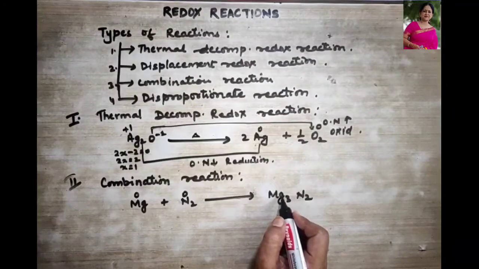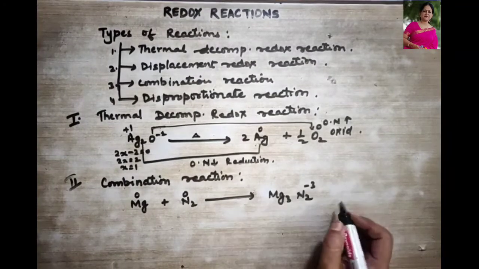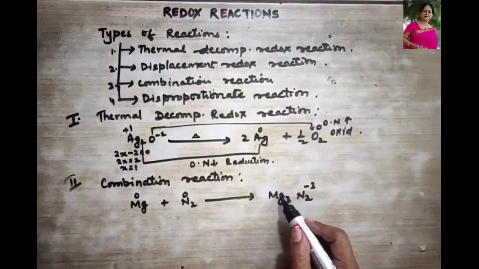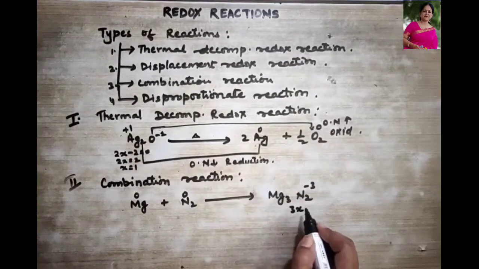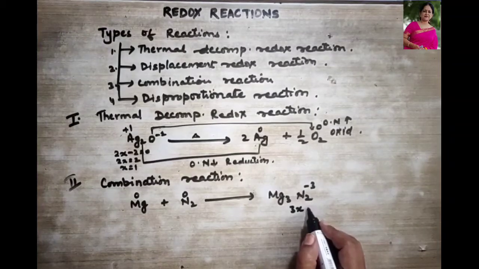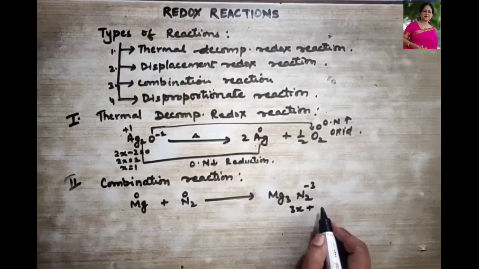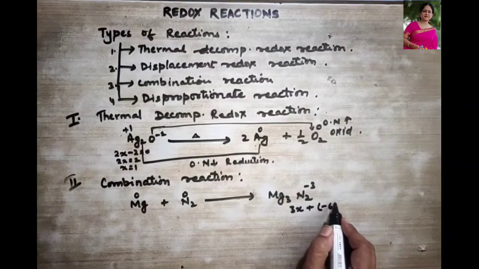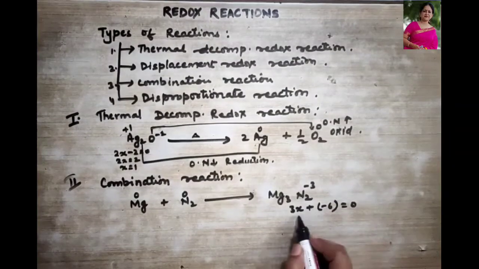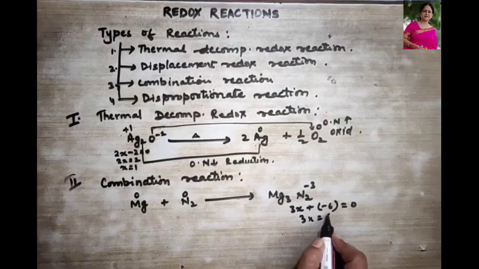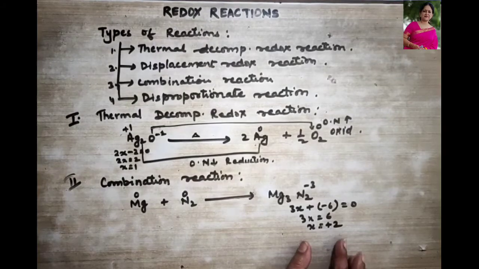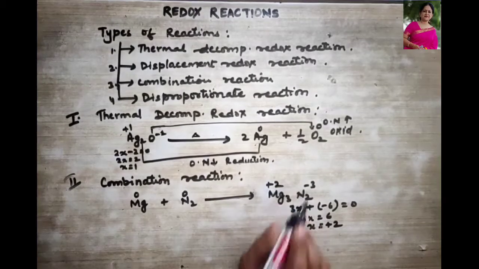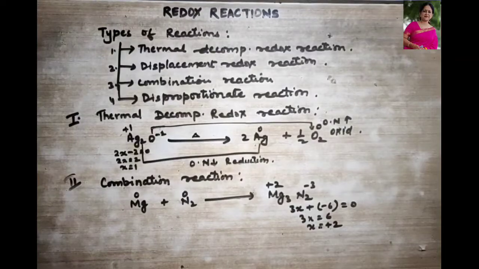Let us find out the oxidation number of magnesium. 3 atoms of magnesium plus 3 twos are 6, this is equal to 0. So 3x is equal to 6, so x is equal to plus 2. So the oxidation number of magnesium will be plus 2.